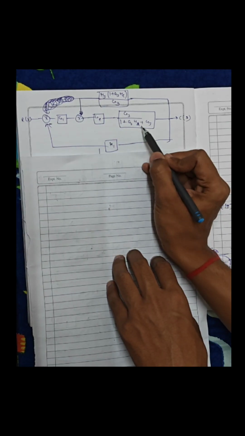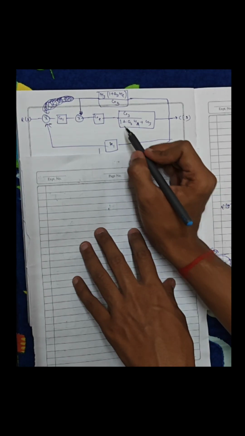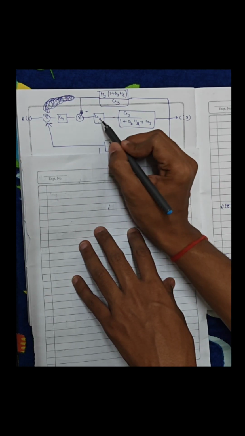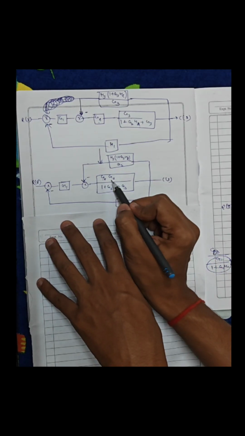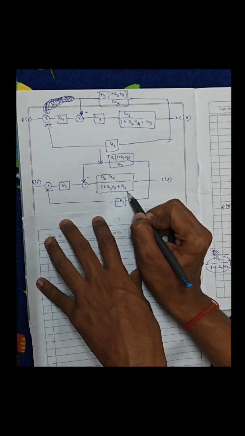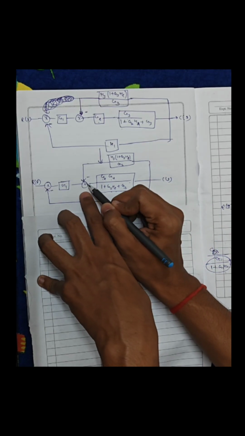Now both the blocks will be in series with the negative feedback. After that we will combine G2 G3. The next block diagram will be G2 G3 upon 1 plus G3 H2 plus G3, and it will be the negative feedback.